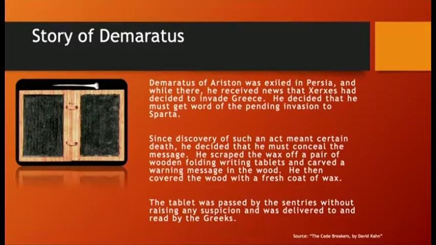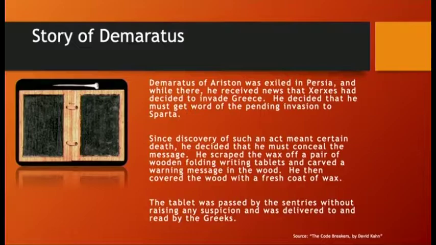My favorite story about steganography comes from David Kahn's book, The Codebreakers. If you've never seen it, it's a great book. It's a couple thousand pages, but David was a historian at NSA, and he basically wrote a book about the history of data hiding. This is the story of Demaratus, who was exiled in Persia. When he was there, he wanted to get a message to Sparta to warn them of a pending attack by the Persians. So he took the writing instrument of the day, which was a wax tablet.